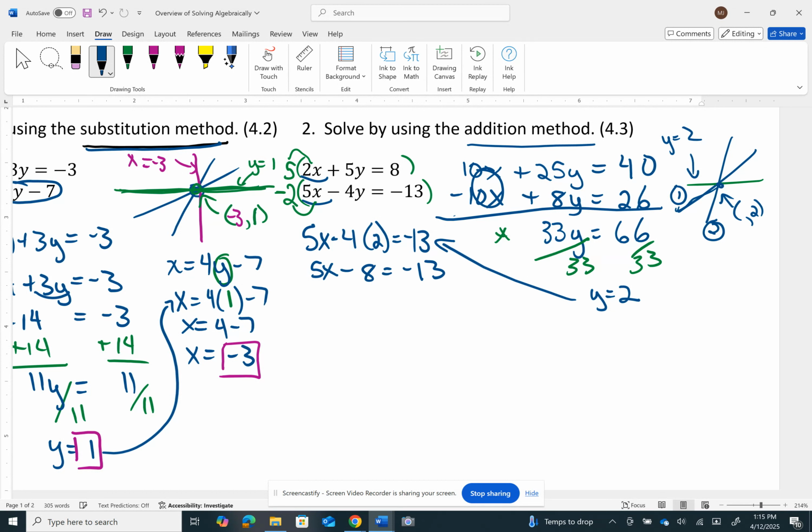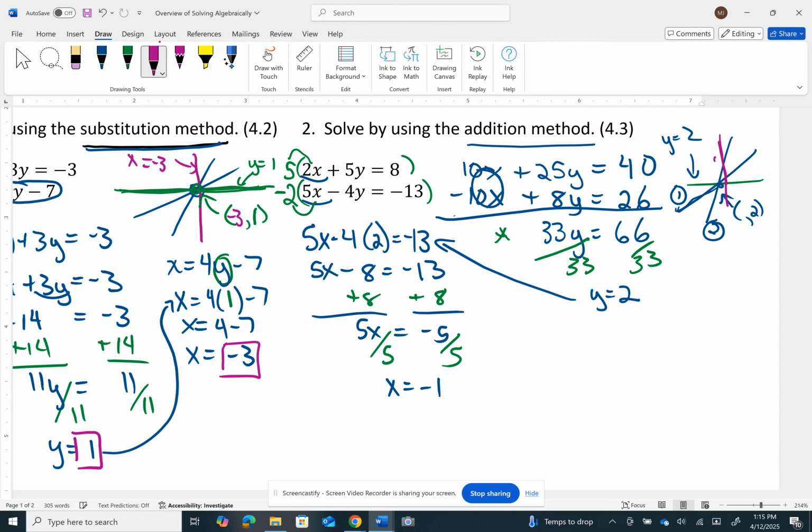Okay, so 5x minus 8 would be negative 13. So when I add 8, I get 5x equals negative 5. And when I divide by 5, x turns out to be a negative 1. All right? And so that means I've now found the vertical line right here.